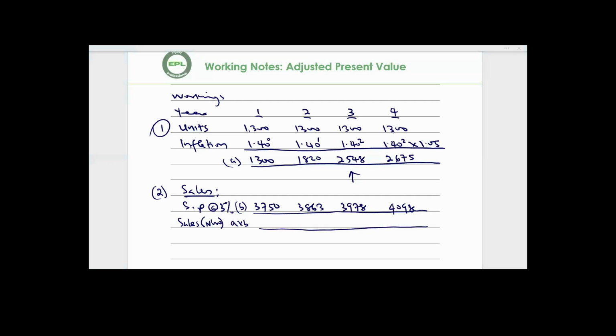Therefore, 1,300 multiplied by 3,750 is 4,875. The next one is 7,031.